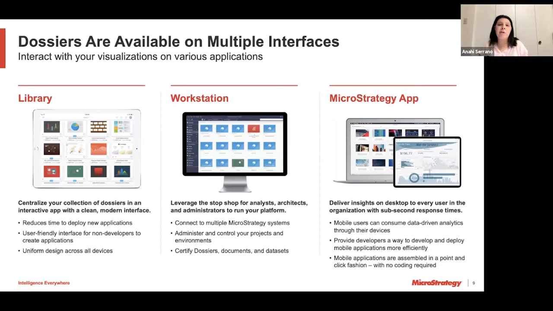And you can also view them in our MicroStrategy app, which is also a local installation on your machines, but it allows you to really enhance the offline version so that you can consume information without necessarily being connected at all times. So everywhere on multiple interfaces.